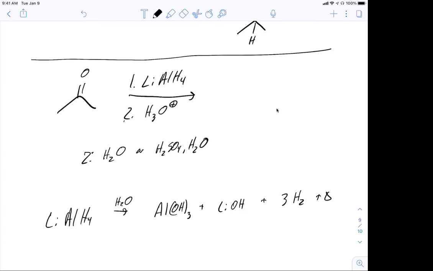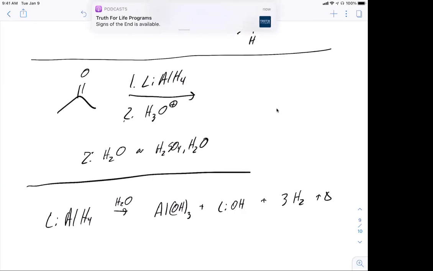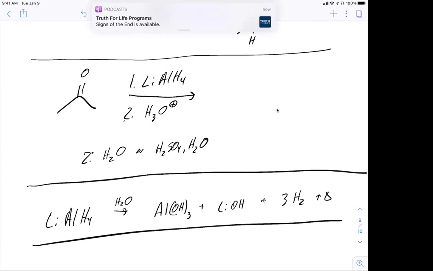Therefore, with lithium aluminum hydride, we don't put it in a protic solvent. We can't put the lithium aluminum hydride in a protic solvent. So that's why we have a first step and a second step. That's one of the major differences between these groups.